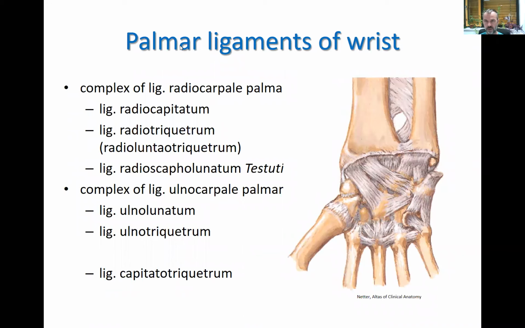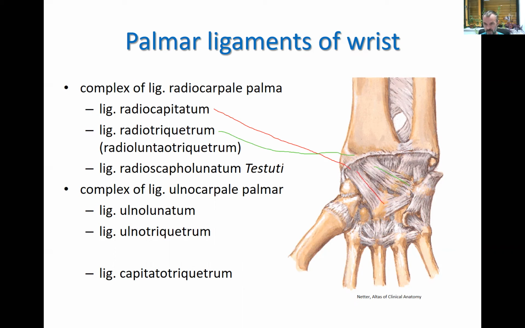Of course, if we come closer, and this is information more for surgeons of the hand, you can see special terms. Some of the intercarpal ligaments are thicker, some are thinner. So nicely we can see here radiocapitate, which is this one. You can see radiotriquetrum, which is this one.